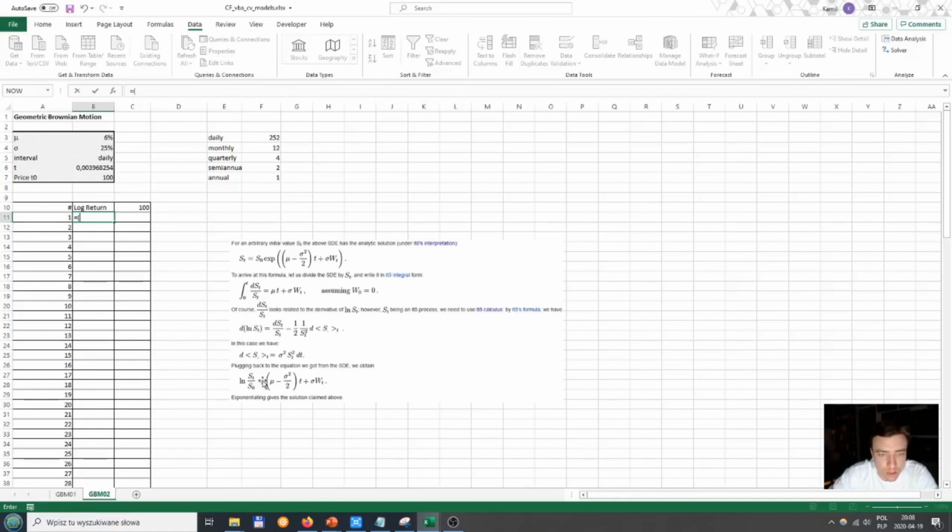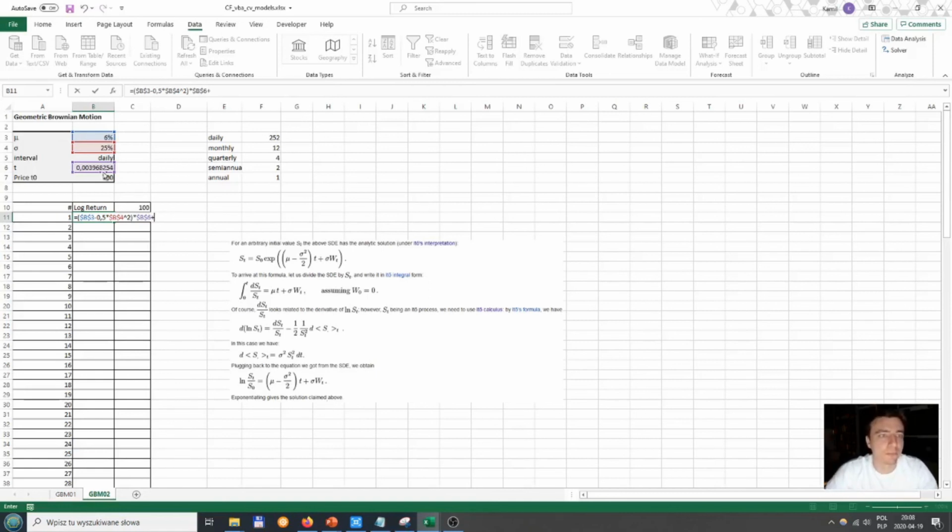So if you look at this formula, you can see that I have this drift minus 0.5 times my volatility raised to the second power, so times variance. Now I need to multiply this by my index t. And what do I have to add? I need to add volatility adjusted for index t.